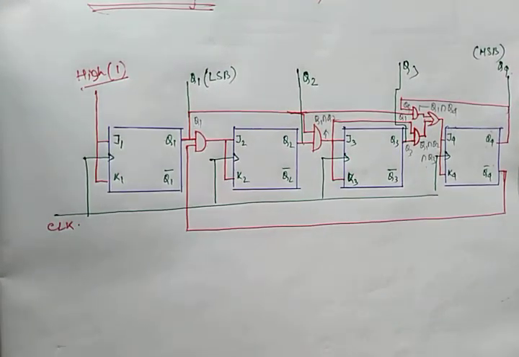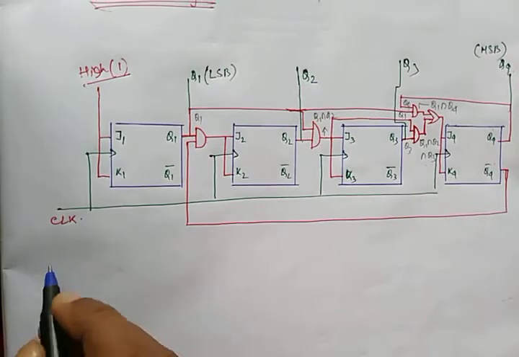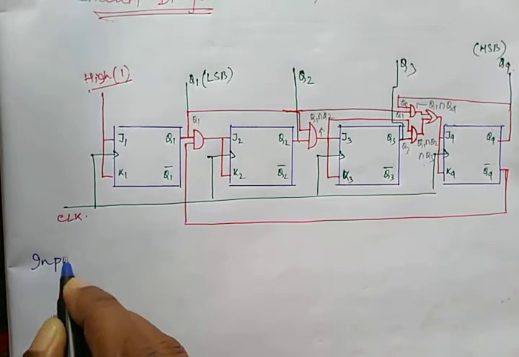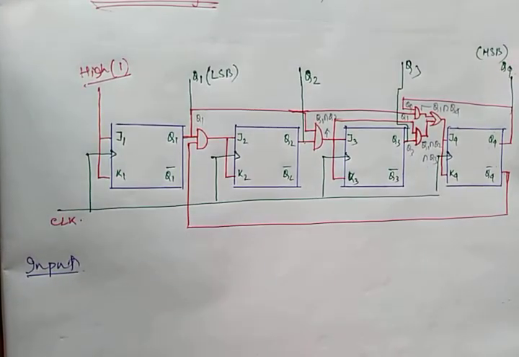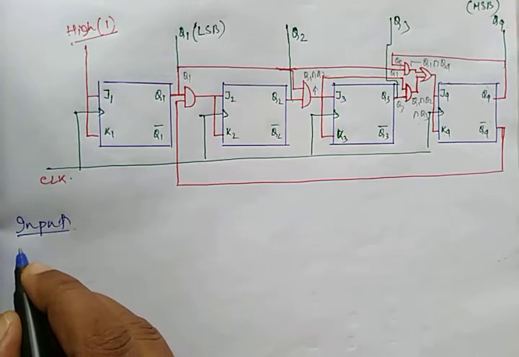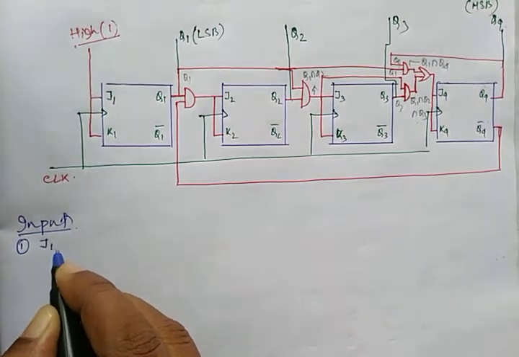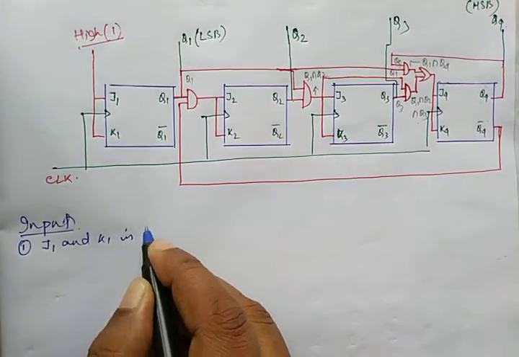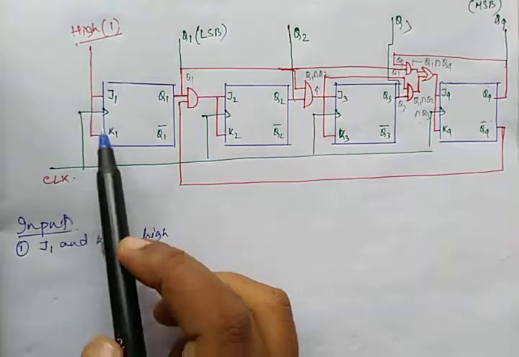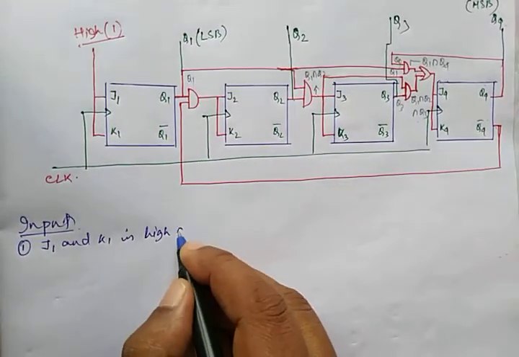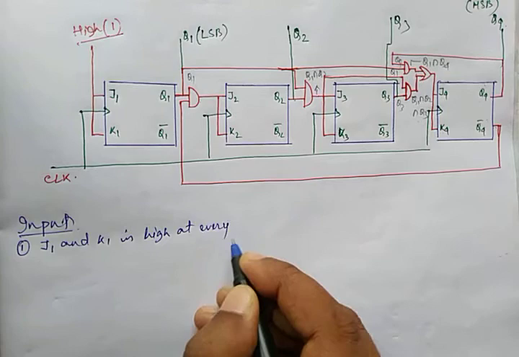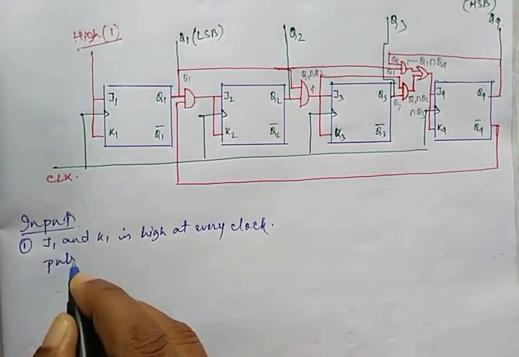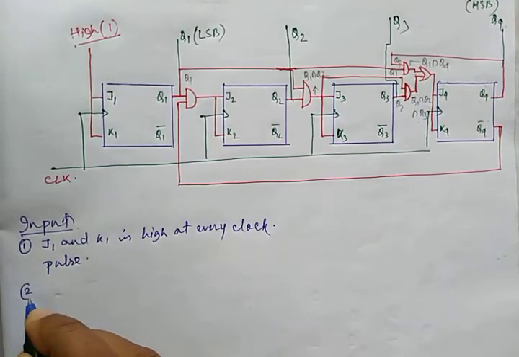So now we can write for input: J1 and K1 is high, as this input gets input from outside, high at every clock pulse. Clear?